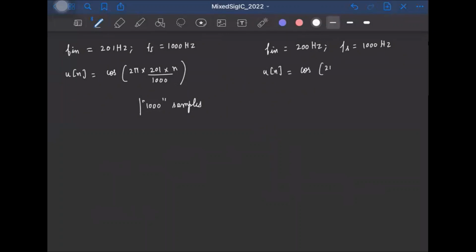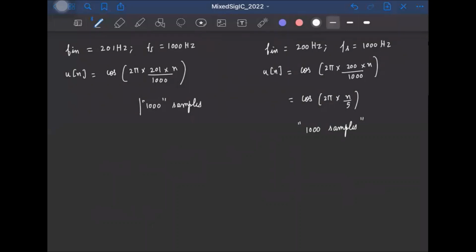It is cos of 2 pi times 200 into n by 1000. So this simply reduces to cos 2 pi into n by 5. And we saw that when we took 1000 samples of this sequence, the quantization noise did not have a uniform distribution.